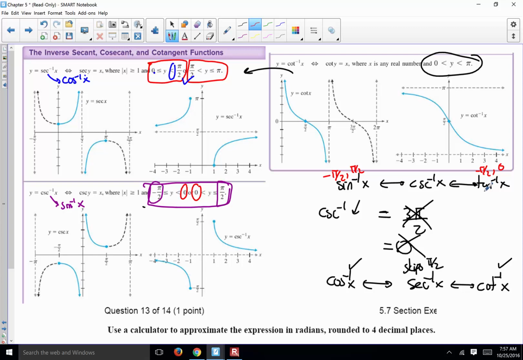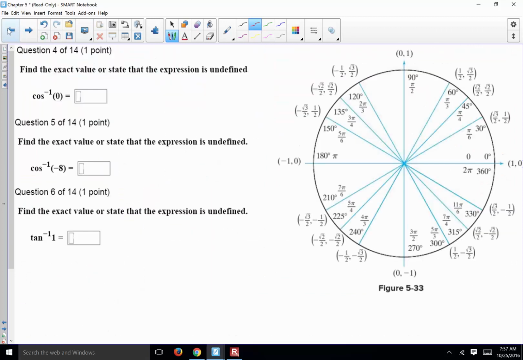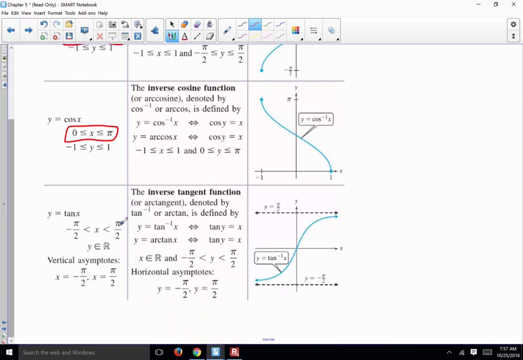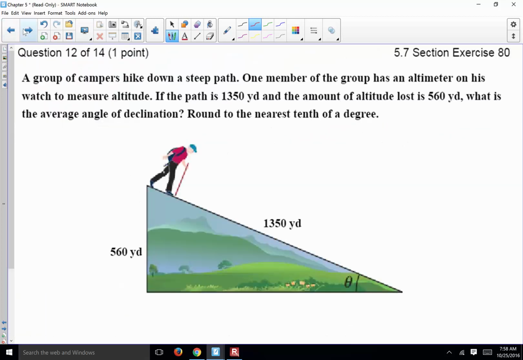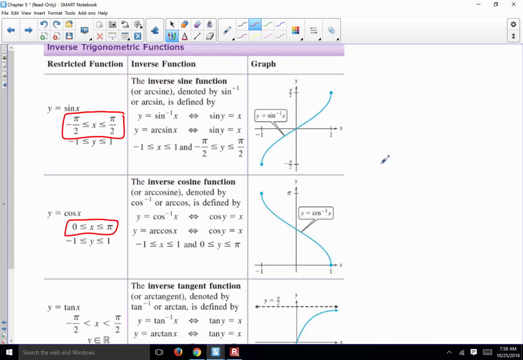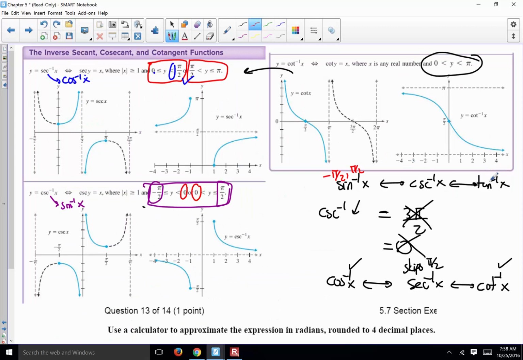Which one did we take? Minus pi over 2 to 0, right? No, 0 to pi over 2. Sorry, so these are not the same. Tangent inverse is kind of standing alone. Let's double check, I want to make sure. No, it's the same: minus pi over 2 to pi over 2. Yeah, the picture of tangent is like that, right? So they are the same. I confused myself. So they are all the same.